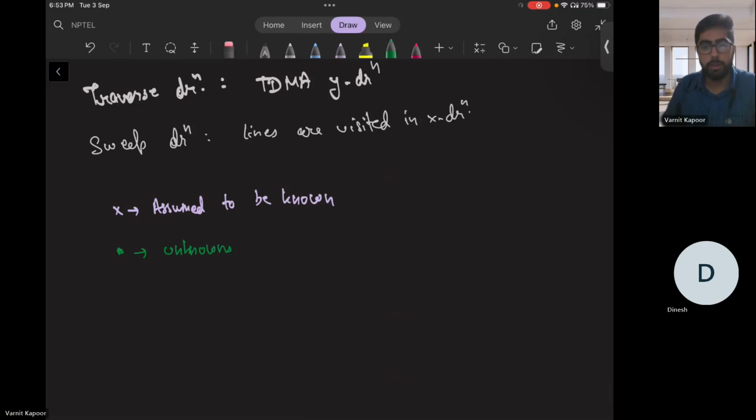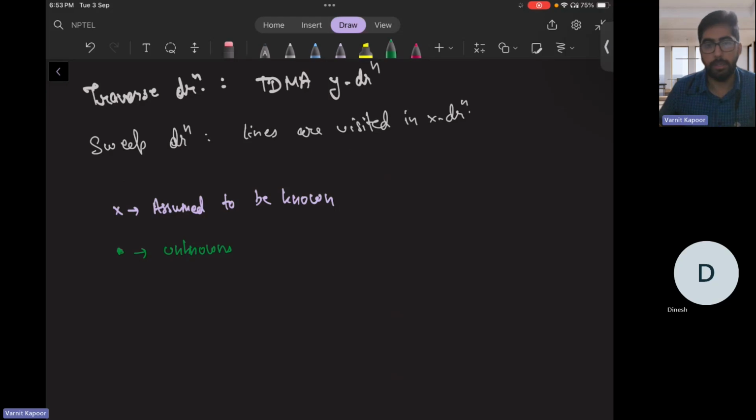So what we are saying, the traverse direction is the direction in which TDMA is applied. In this case, the y direction happens to be the traverse direction, and the sweep direction is nothing but the direction in which the lines are progressed, from left to right.